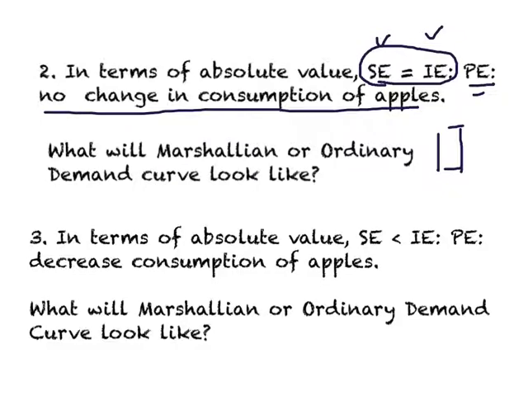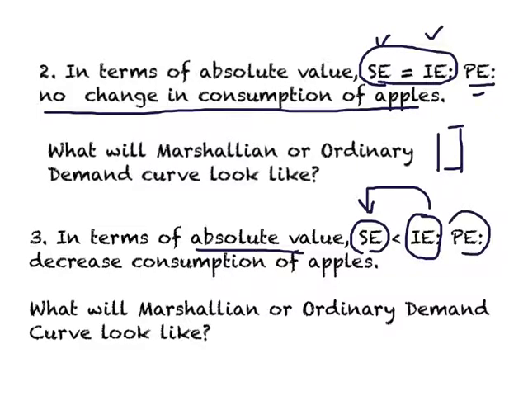Now look at another possibility, that is, in terms of absolute value, substitution effect is smaller than the income effect, or in other words, the income effect outweighs the substitution effect. So what will be the overall price effect? It will be to decrease consumption of apples.